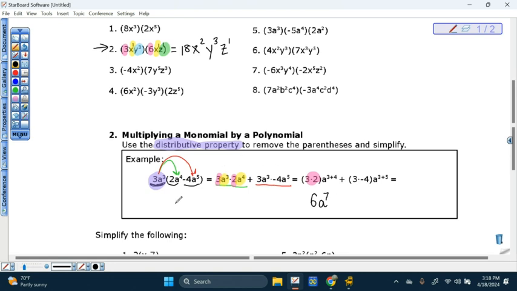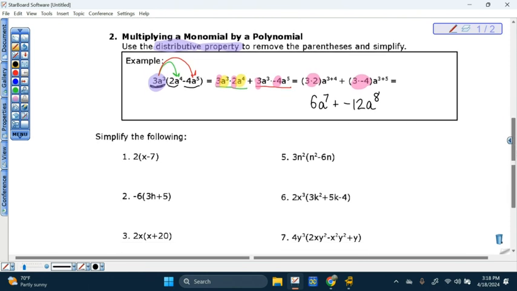So 6a to the 7th plus negative 12, because 3 times negative 4 gives me negative 12, and then a to the 8th, 3 plus 5. Is that okay? So we're just distributing the term out in front to every part of the parentheses. Let's do another example down here.